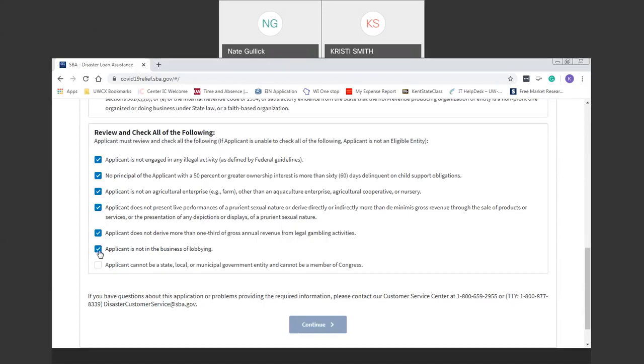You're not in the habit of asking members of Congress, either at the state or federal level, to change laws or influence laws in any way as a business. And then you're not a local government and you're not a member of Congress. Go ahead and click continue after that.